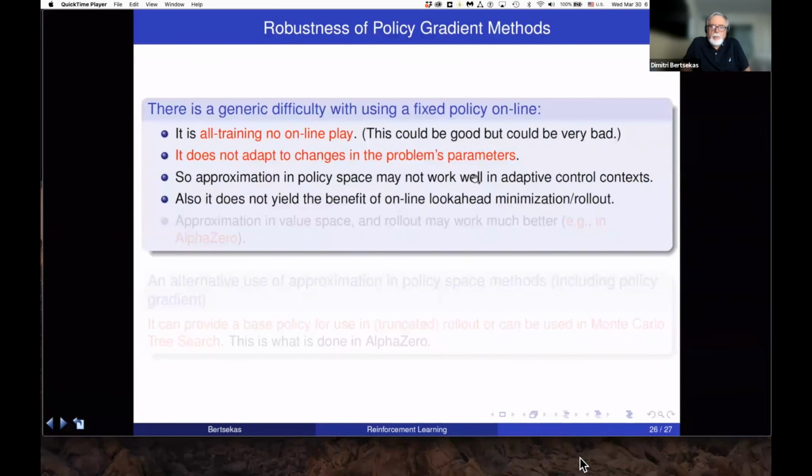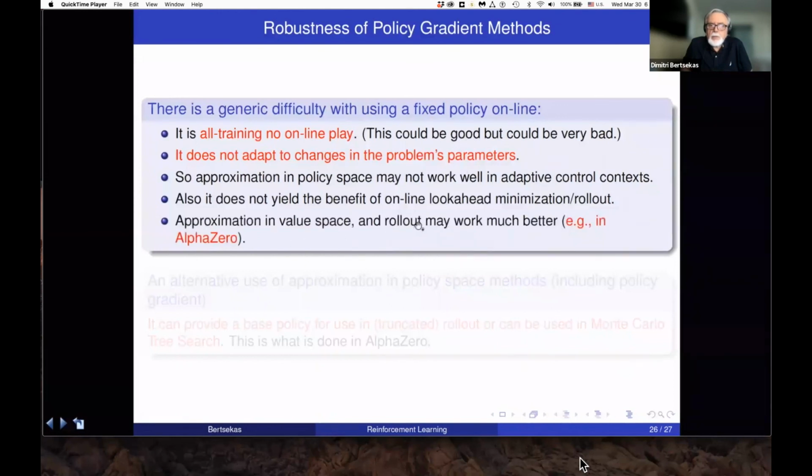Even if the system parameters do not change, through one-step or multi-step look-ahead minimization, you get the benefits of rollout. You get a policy that is improved over the policy that you started with.